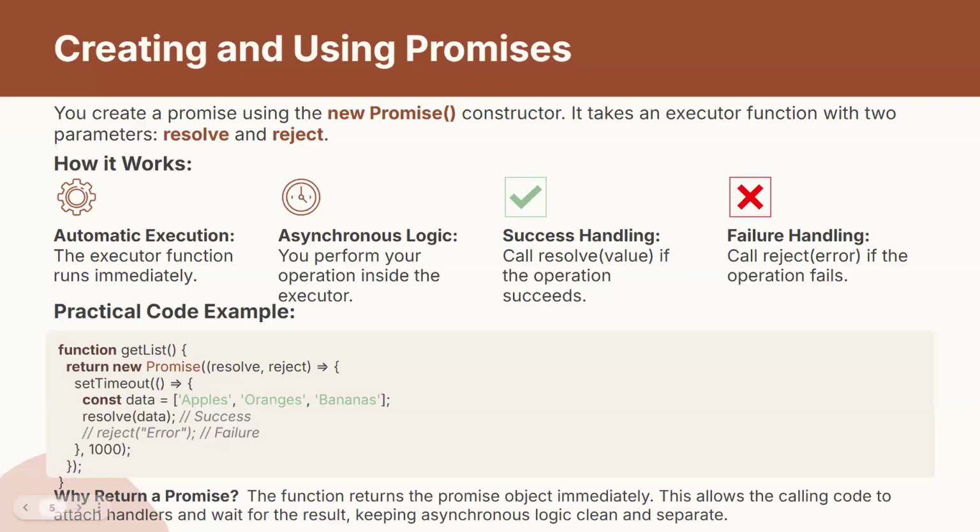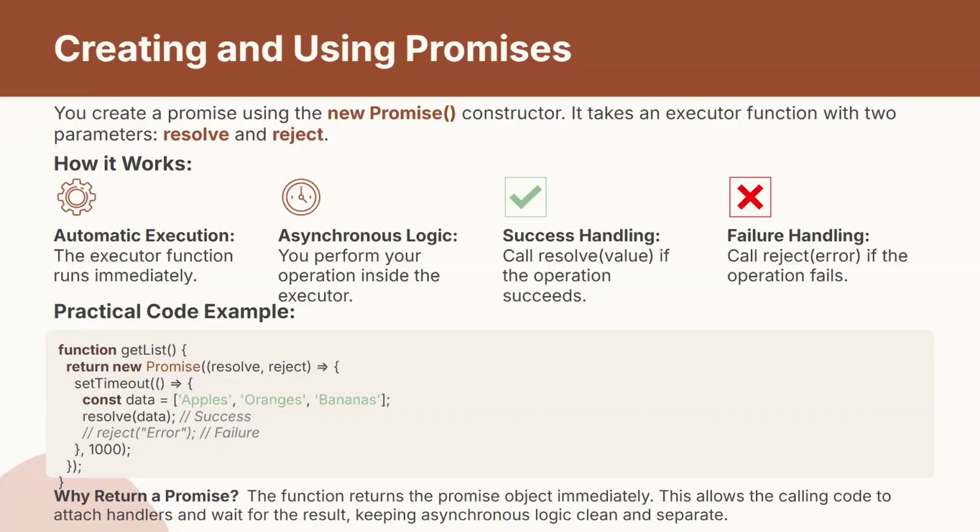The 1,000 number represents the number of milliseconds in a second, and usually when we set a timeout, we always set it in milliseconds. The key idea here is that the promise is returned immediately even though the data isn't ready yet, and this allows the calling code to attach handlers like then or catch and continue running without waiting.